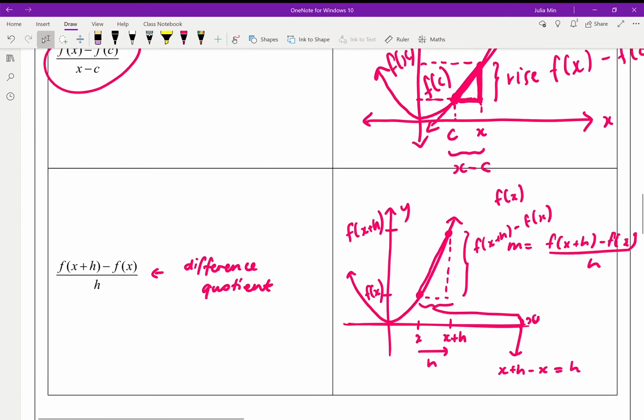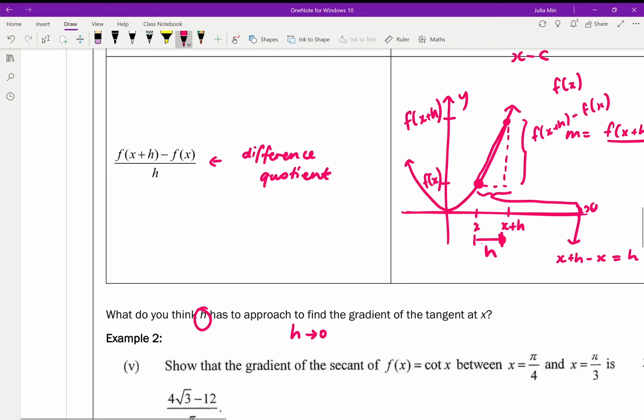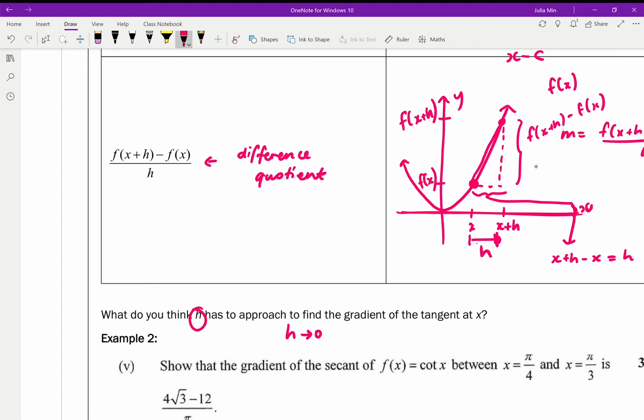If we look at this, what does h have to approach, or what does this length of h have to approach, to find the exact gradient at x? Well, h would have to approach 0. And that's what we're going to have a look at next lesson to find the exact gradient, which is why we actually had to learn limits. So as the limit as h approaches 0, that will tell us the gradient at a specific point.